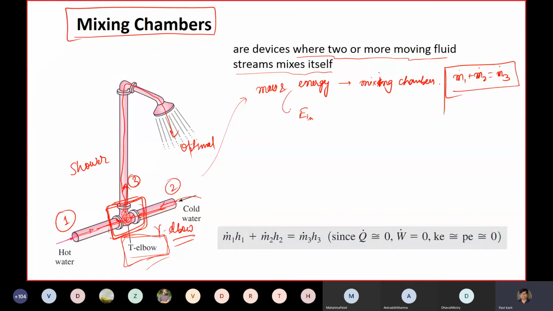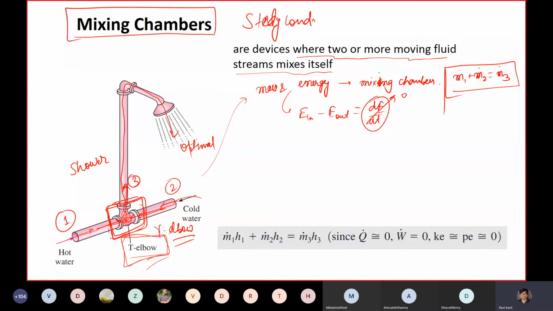And if we talk about the energy balance, E in minus E out is equal to dE by dt. Since in this particular chapter so far we have considered steady conditions, this goes away. There is no net change.